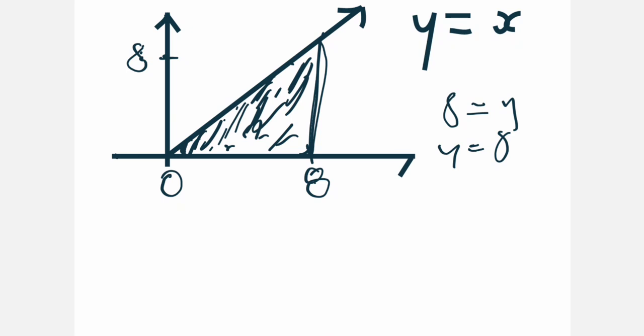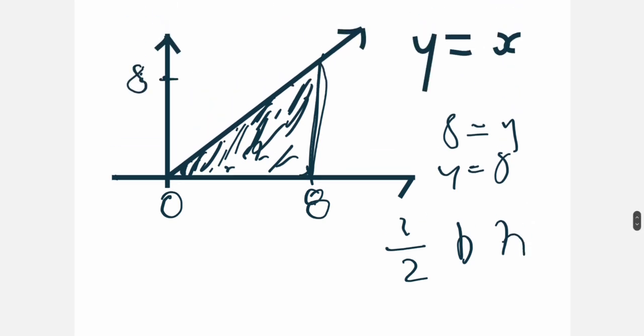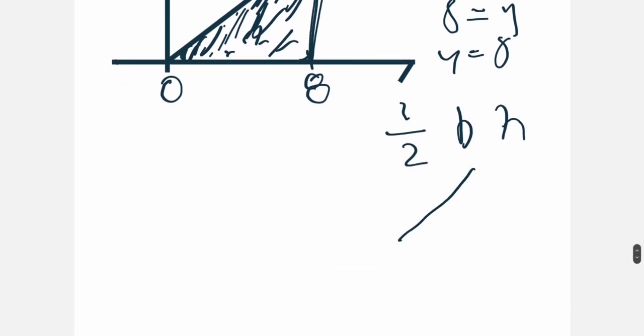See? So that means that, and remember, the formula for the area of a triangle is 1 over 2 base times height. So, the base of the triangle, I'll draw a little thing here. The base will be 8, as that is the distance between 0 and 8. And the height must also be 8, as x equals y.